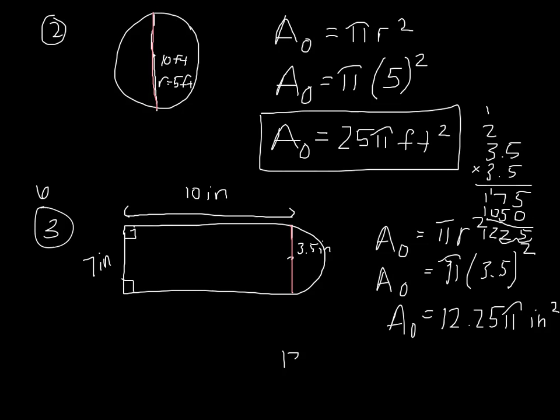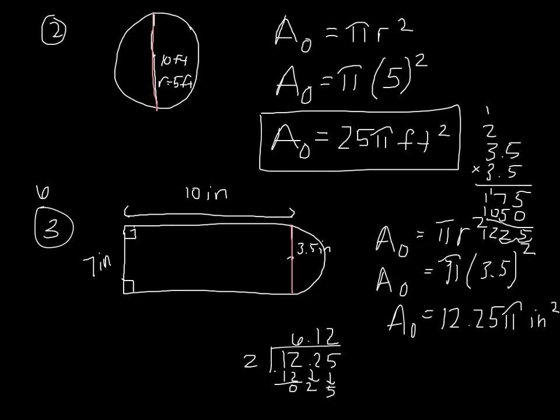So I have to do 12 and 25/100ths divided by 2, so I'd get a 6. Bring down my 2, go in there one time. Bring down my 5, 2 would go into my 5 2 times.